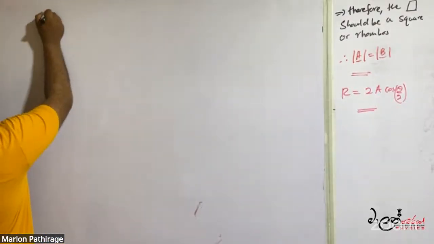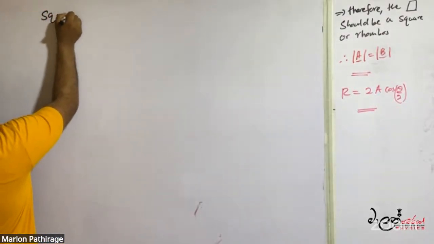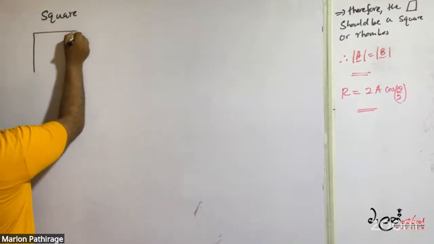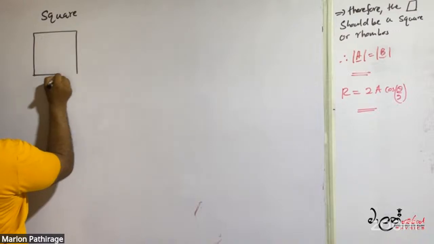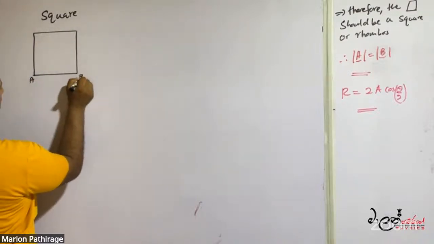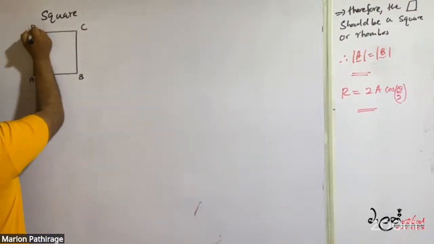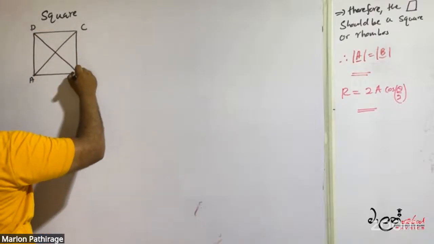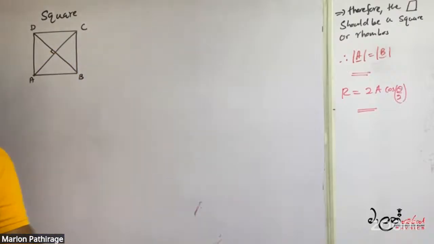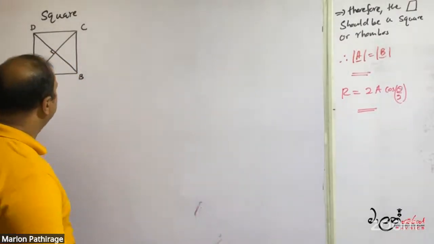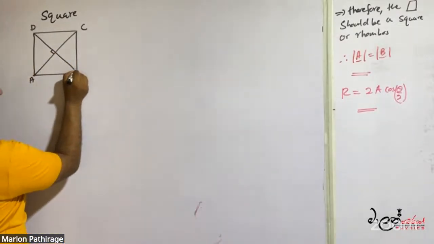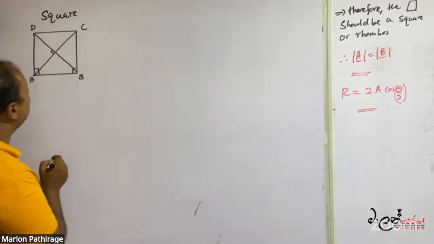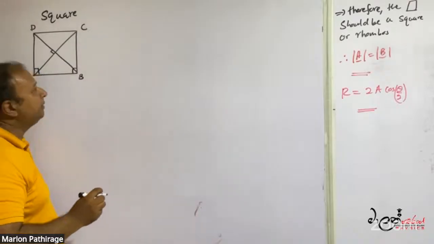So if it is a square ABCD, you know one angle is 90 degrees.